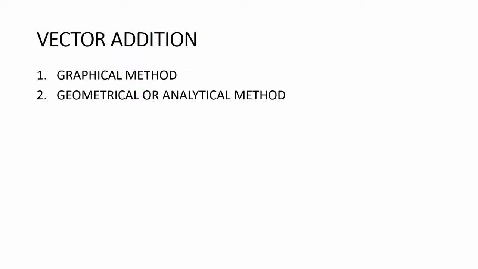When we say graphical method, we will be deriving the value of the vectors by actual measurement through the utilization of our ruler and a protractor. When we say geometrical or analytical method, we'll be deriving data by simply utilizing our mathematical skills. That means it's more on solving problems. We don't need the actual measurement. It's just an approximation of the data and applying some mathematical operations.